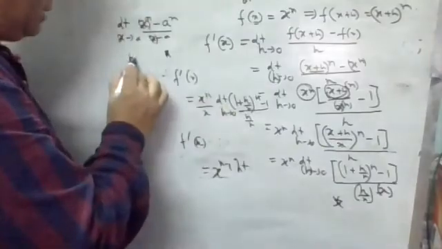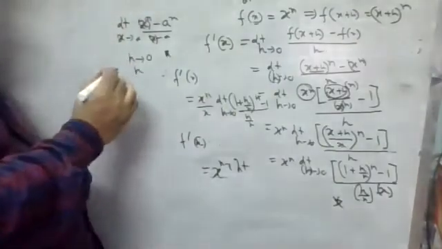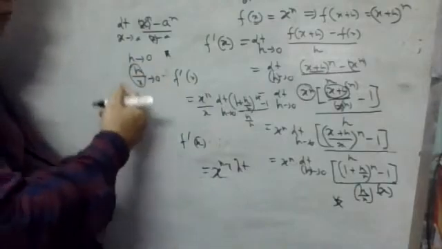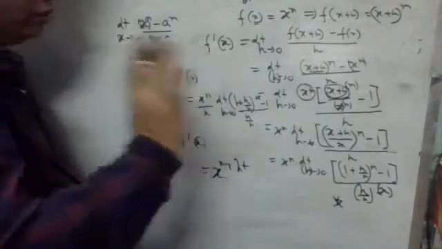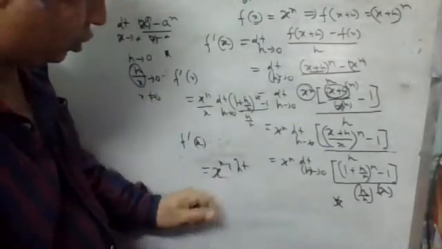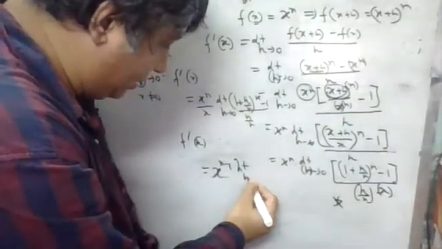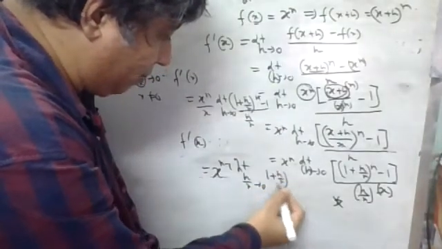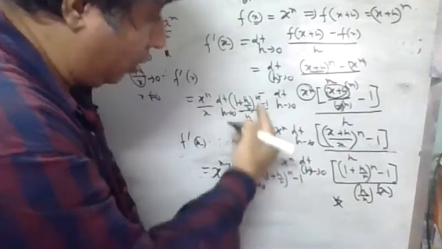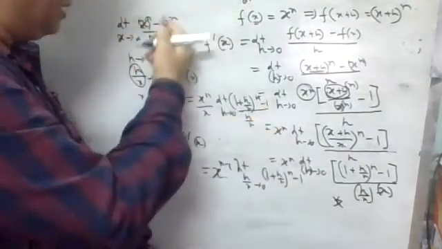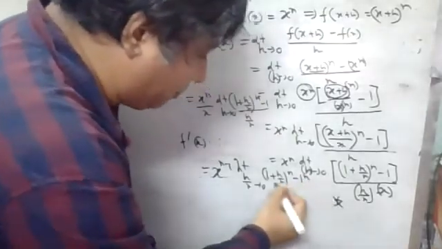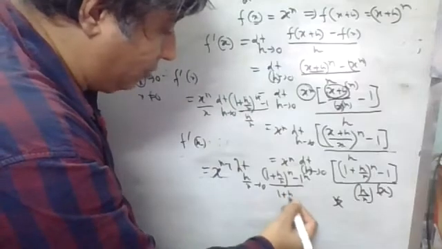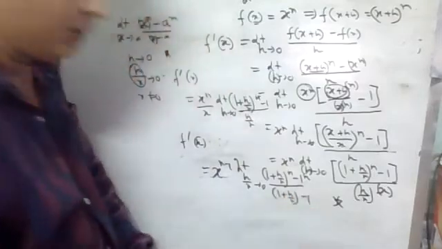You see, h tends to 0 means h/x tends to 0, because x is not equal to 0. So the limit as h/x tends to 0 of (1 + h/x)^n, where only 1 is given. To bring the term, instead of 1, I can write 1^n, and instead of h/x, you write (1 + h/x) - 1.